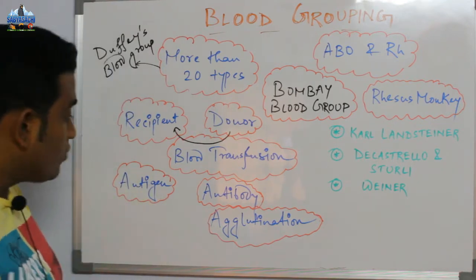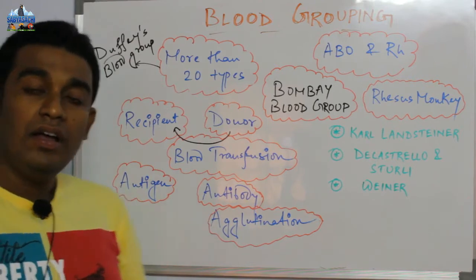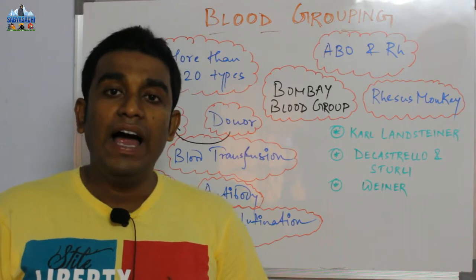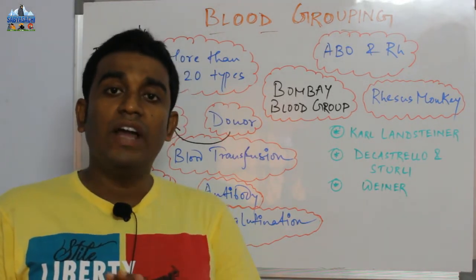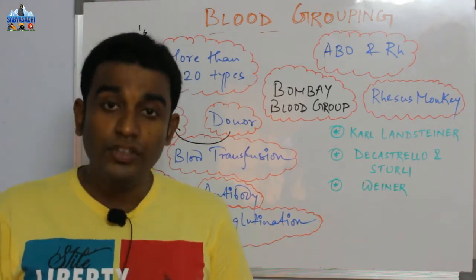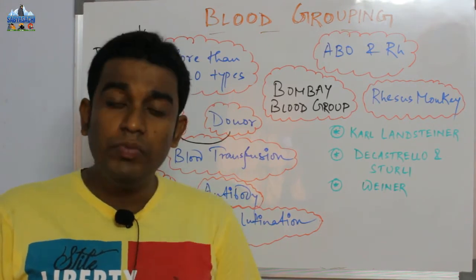Now let's try to understand the antigen and the antibody. Guys, suppose you are stepping inside the school, and there is one visitor in your school who does not have any idea about who you are, which class you are in, or what your name is.